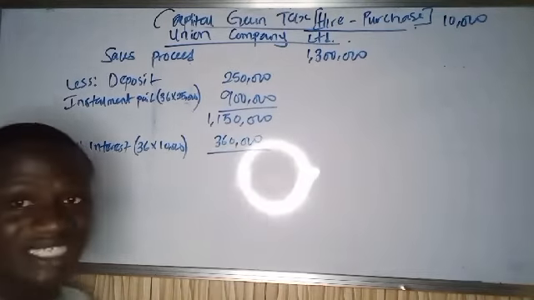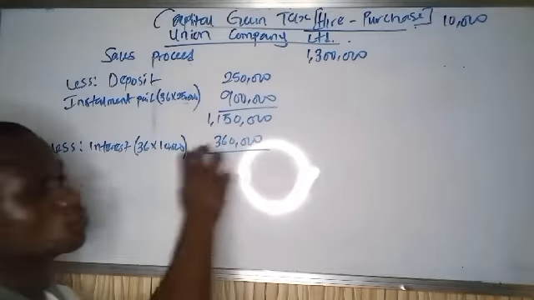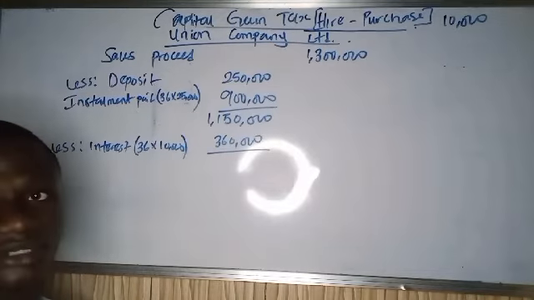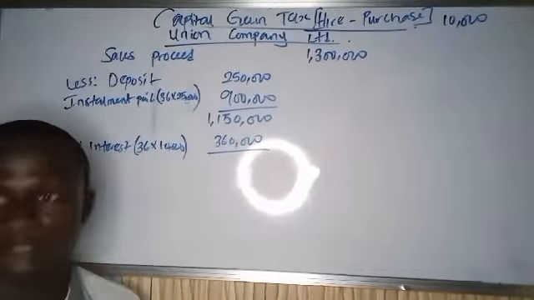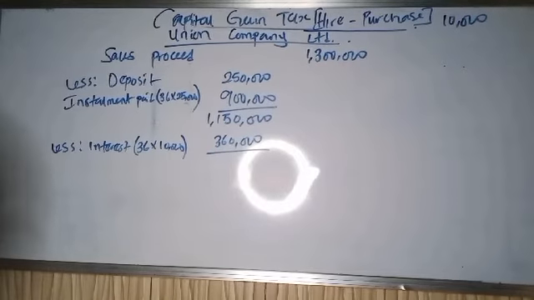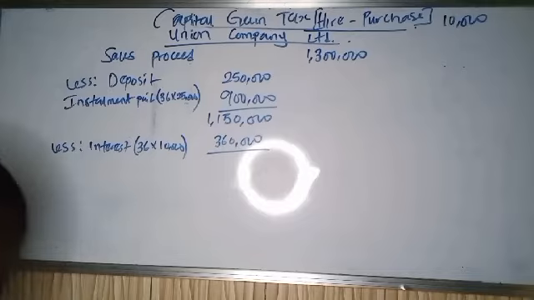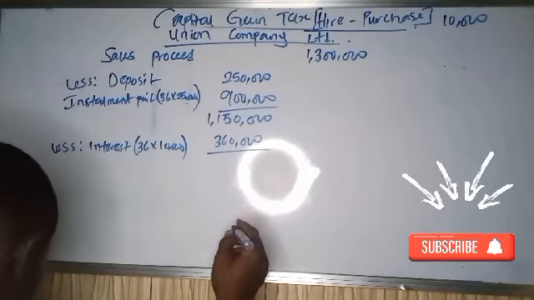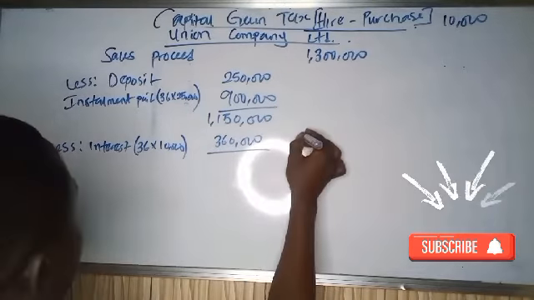So that means that for the 36 months he has paid a total of 360,000 interest. So by my calculator here, if I say 1,150,000 minus 360,000, that will give me 790,000 naira.